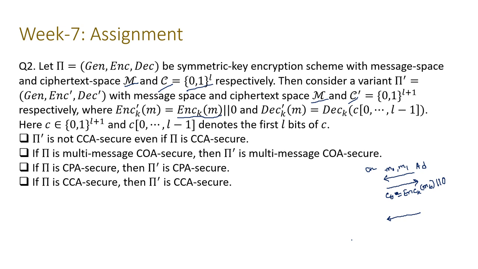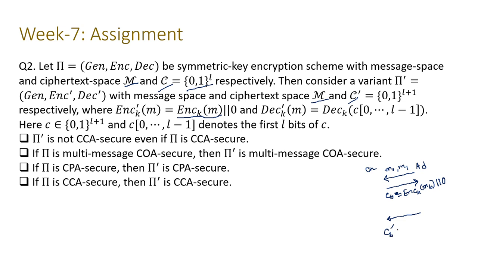Whenever we talk about breaking the CCA security, what we do is change the challenge ciphertext in a way that it gets decrypted to a message which has some relation with the actual underlying message. So here we can do this.